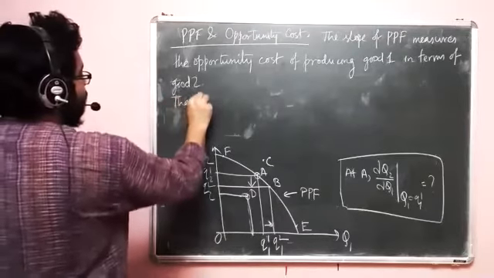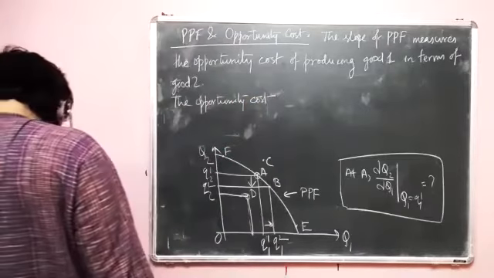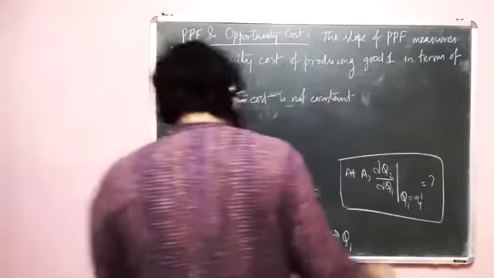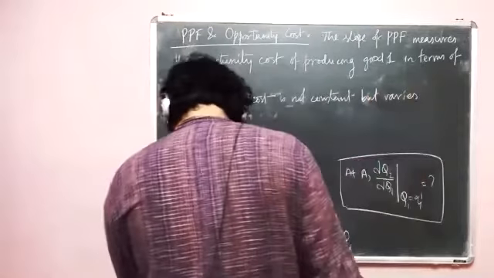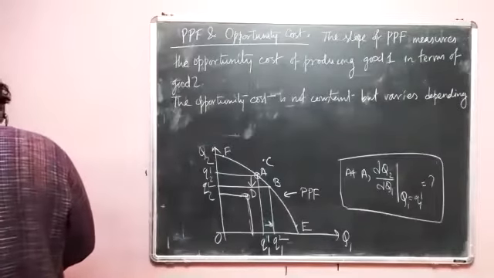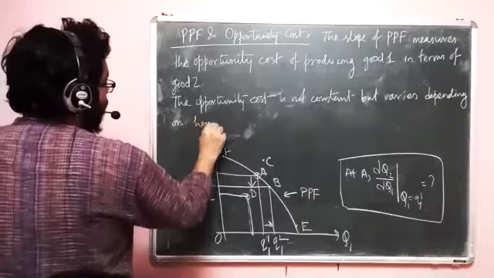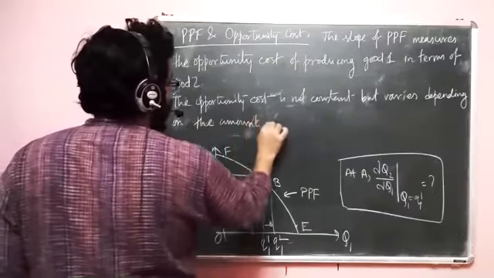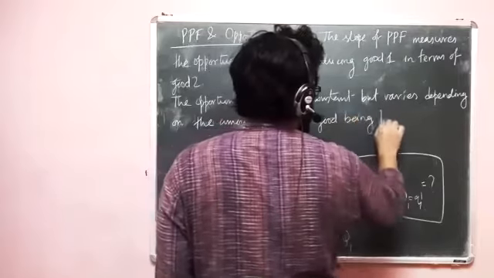So the opportunity cost is not constant, but varies depending on the amount of each good being produced, right?